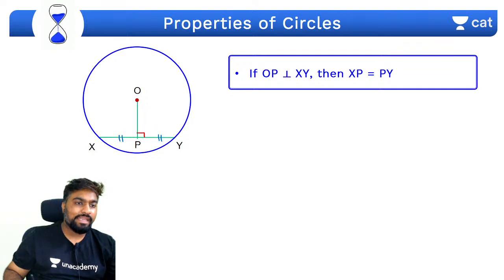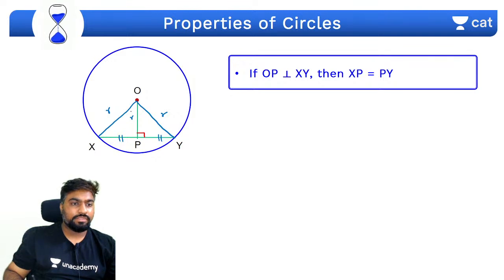Basically, a radius bisects a chord if the radius is perpendicular to the chord. Yes, you can prove this by proving the similarity between these two triangles, because this is radius, this is radius, this is also radius.